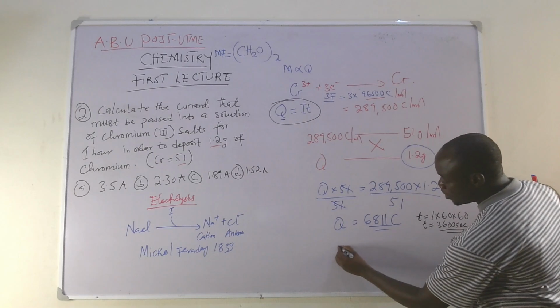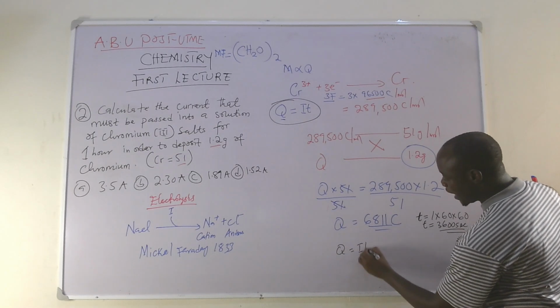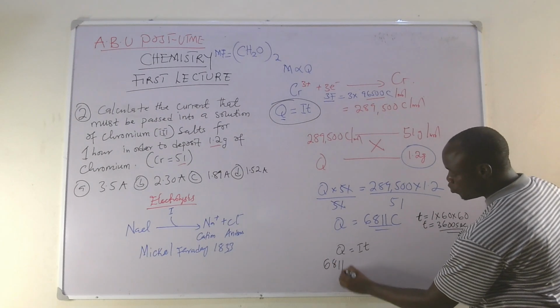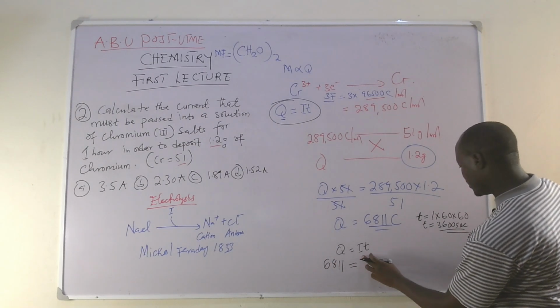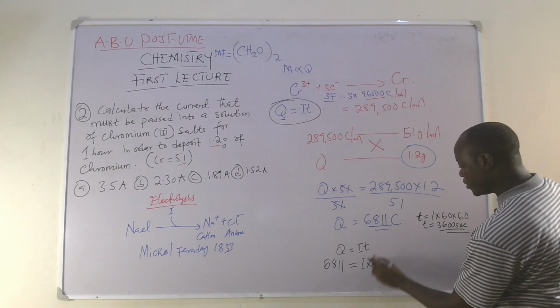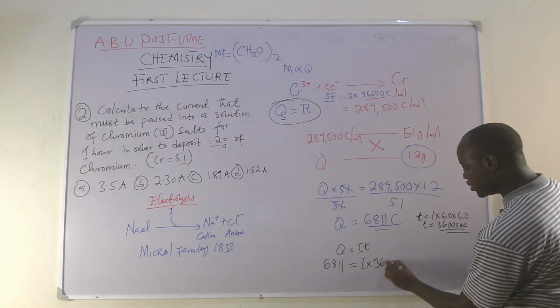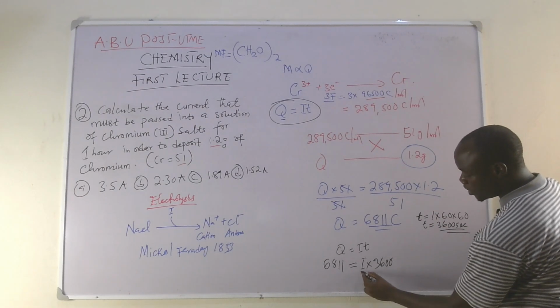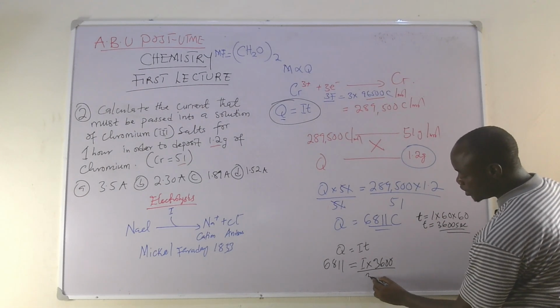So now we have Q equal to IT. So Q, 6,811, is equal to I times the time, 3,600.